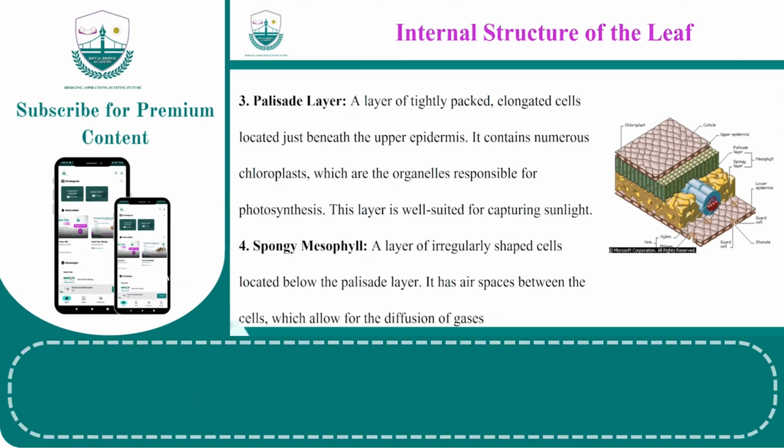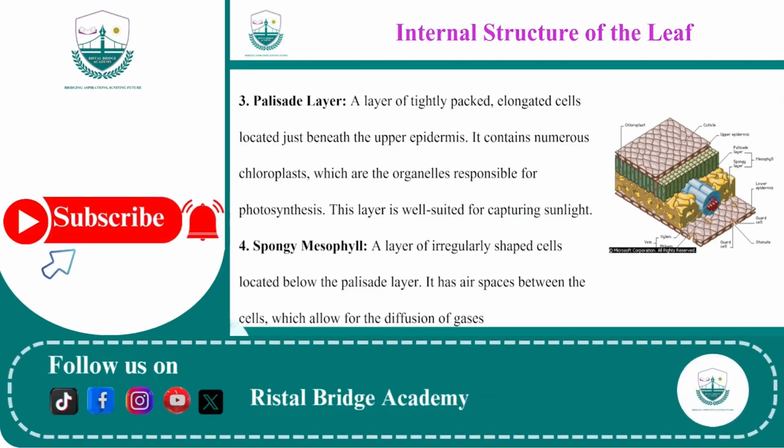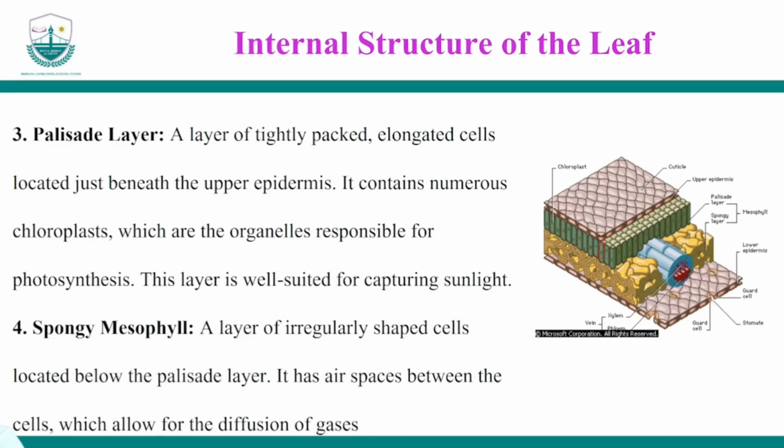And then we move to these closer to rectangular shaped cells that are found in the palisade layer. These cells are very tightly packed. They are elongated and they're just below the upper epidermis.